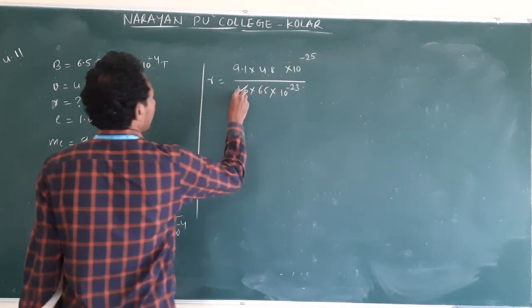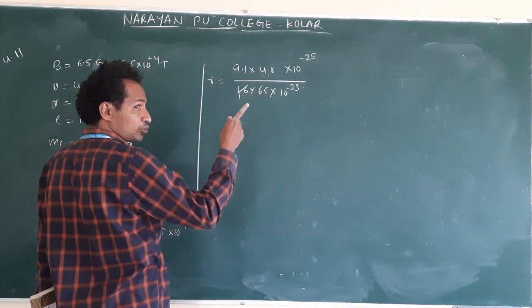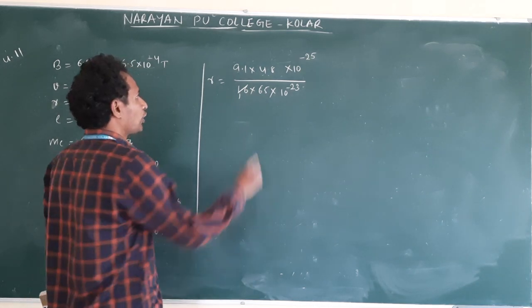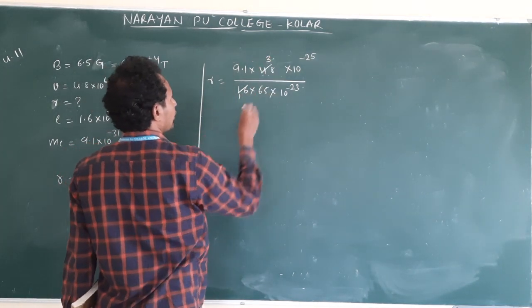Now 1.6 ones, actually 16 ones, 16 threes, and this is 3 times.